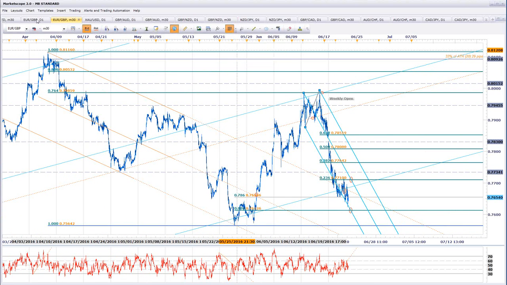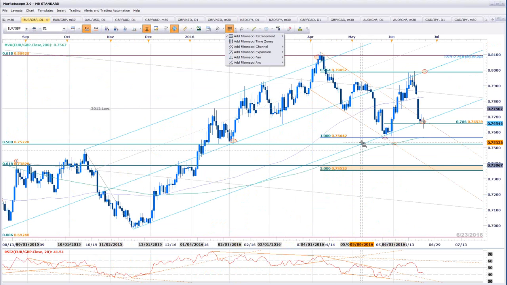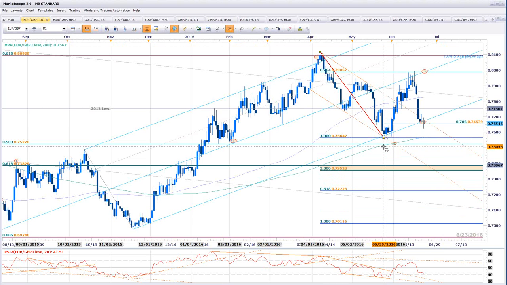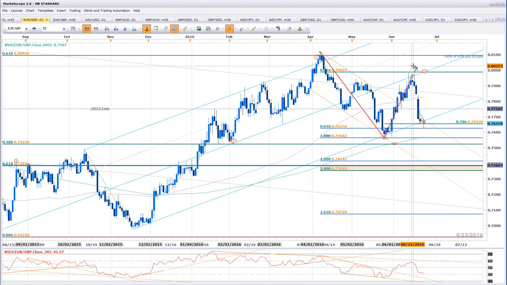I guess we can do this on the daily chart, it might be easier. Interesting. Okay, see where that 618 extension, guys, lines up? It comes right on that 786 that we're currently looking at.